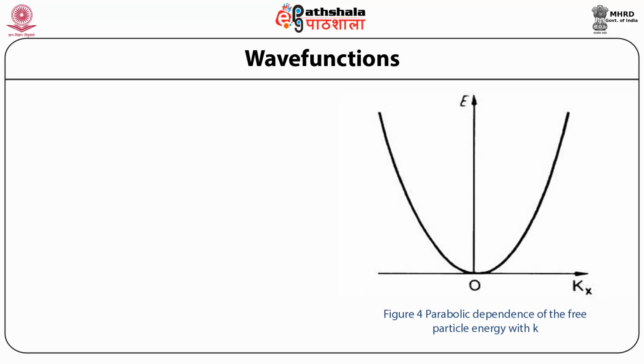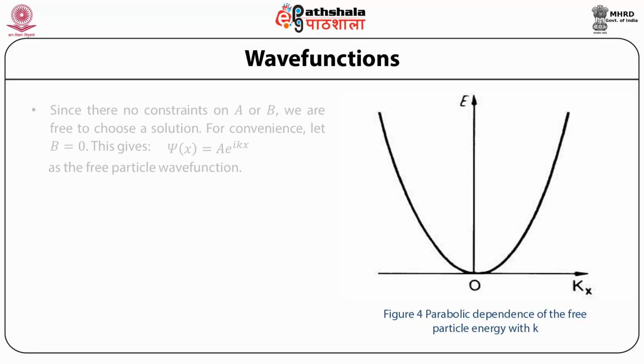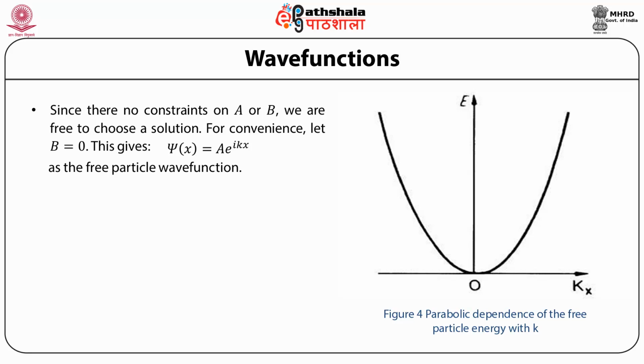We can express the wave functions as follows. Since there are no constraints on A or B, we are free to choose a solution. For convenience, let B equal 0. This gives psi of x equals A exponential i kx as the free particle wave function.